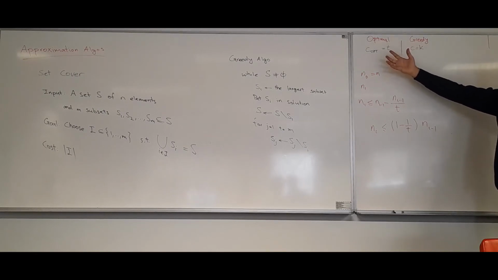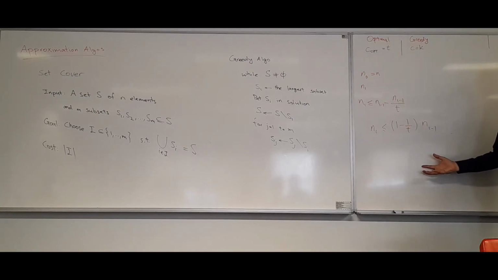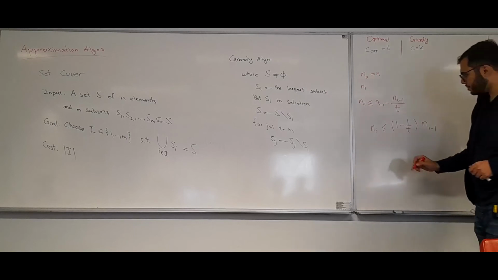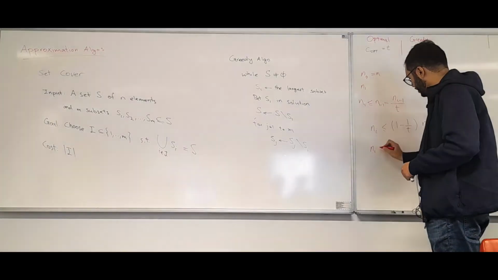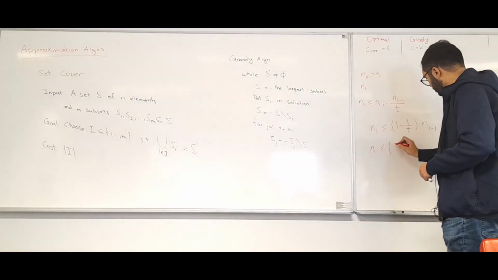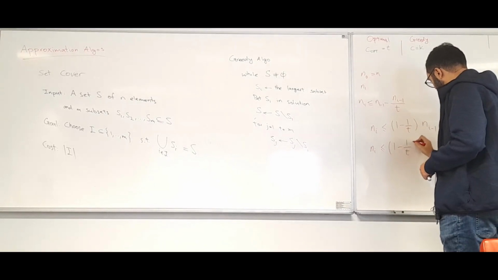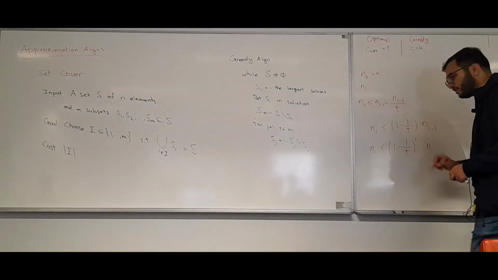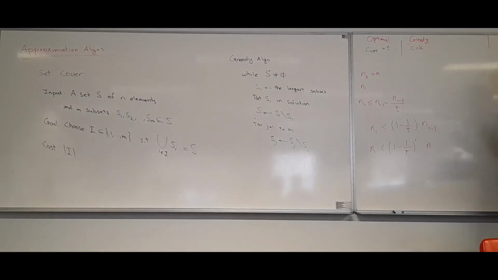And I don't have the optimal algorithm, but I can use it in my analysis anyway. So if we just solve this, it's easy to show that Ni is less than or equal to 1 minus 1 over T to the power of I times N.